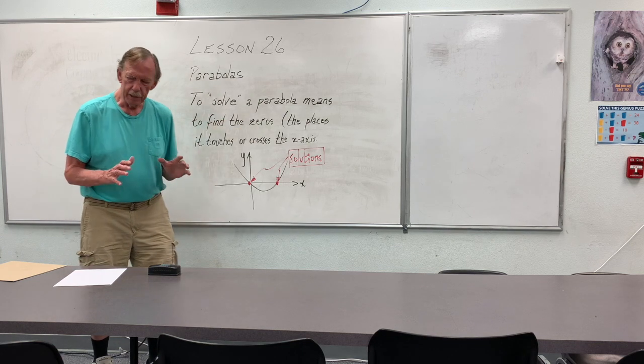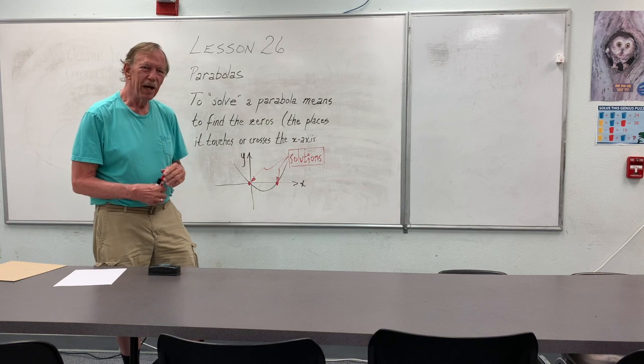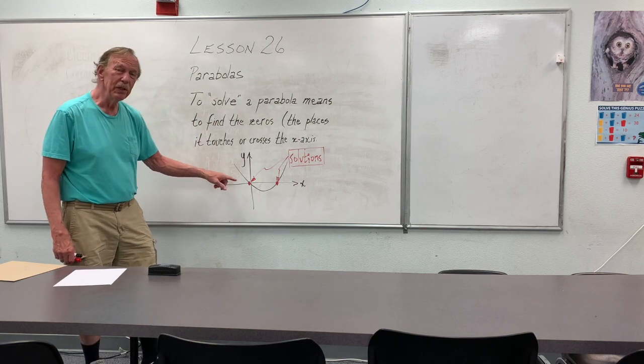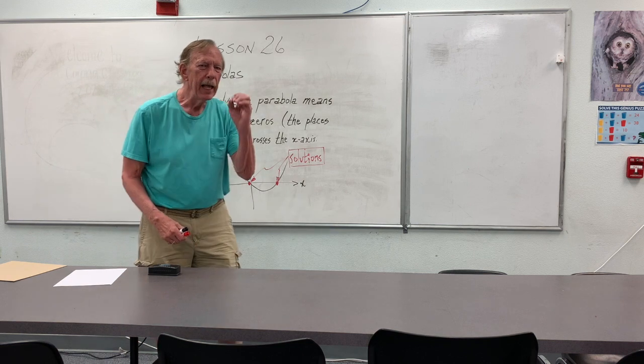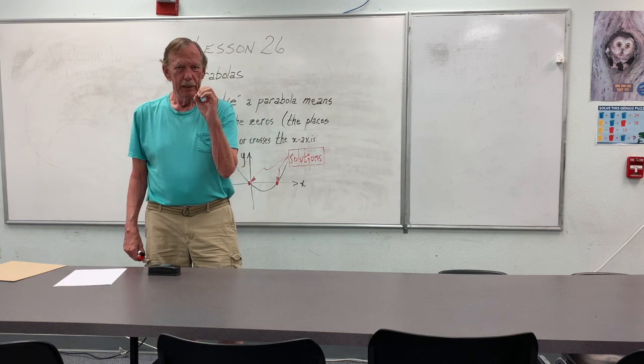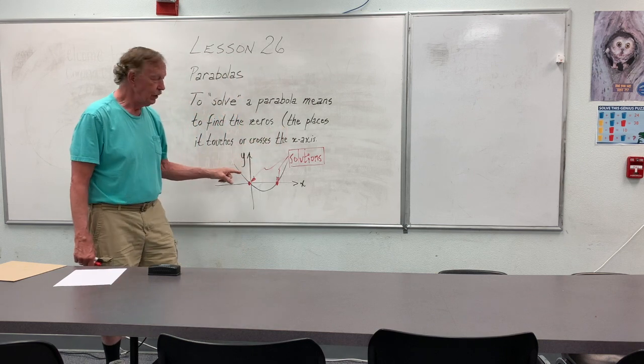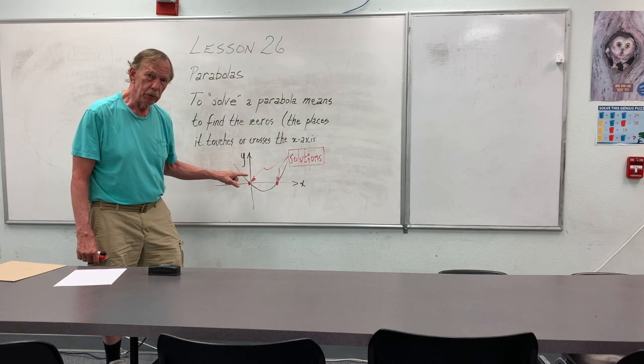Now think about that. If we are looking for places on the x-axis, how big is y? 0. That's why these little puppies are called zeros.